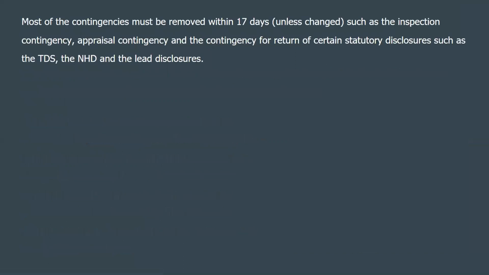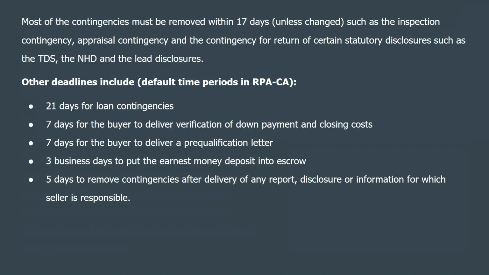Most of the contingencies must be removed within 17 days, again, unless otherwise changed, such as the inspection contingency, the appraisal contingency, and the contingency for return of certain statutory disclosures, such as TDS, NHD, and the lead disclosures. Other deadlines include, and these are default periods in the RPA.